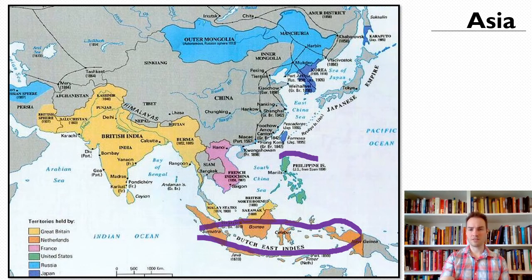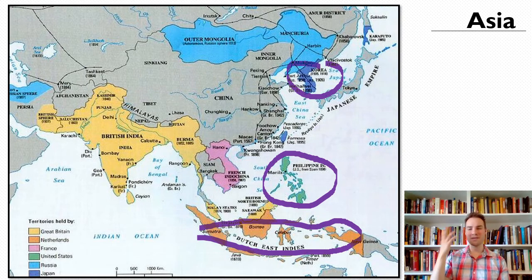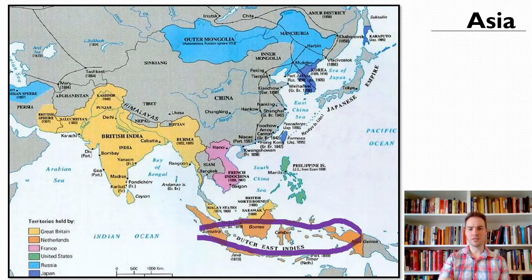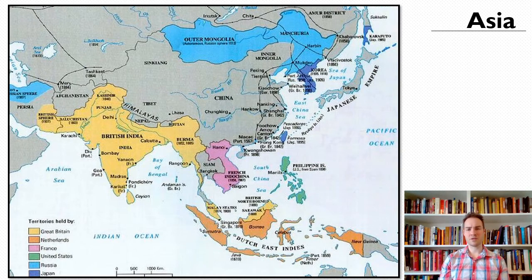The United States had colonized the Philippines. Japan had colonized Korea, which you might not necessarily think about too much, Japan colonizing places, but they were definitely a colonial factor. Russia had colonized down into northern China. So there's a lot of these things going on, and the majority of Asia is going to be divided amongst these different colonial powers.